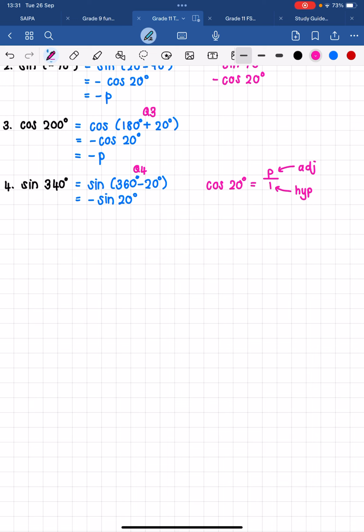Because, yeah, you can always do that. But because it's an acute angle, we don't actually have to draw it on a Cartesian plane. We can just draw a right angle triangle. Don't worry about drawing it to scale or anything. Would you have to have said cos 20 is P over 1? No. Would you have to have even drawn a triangle? Yes.